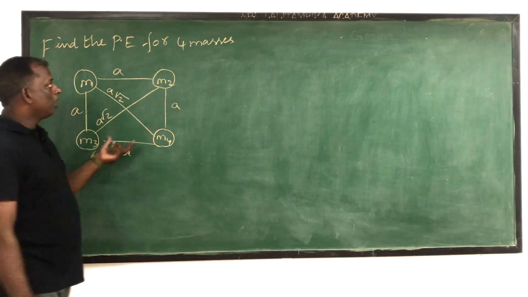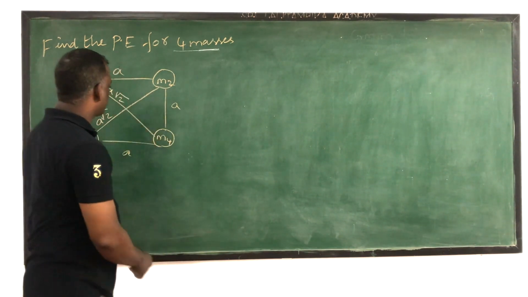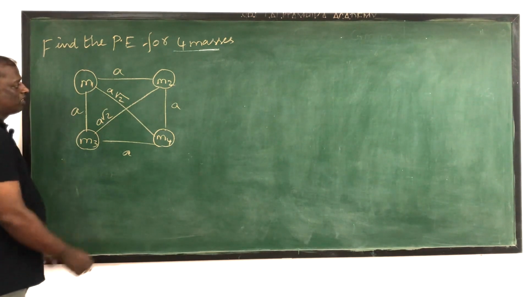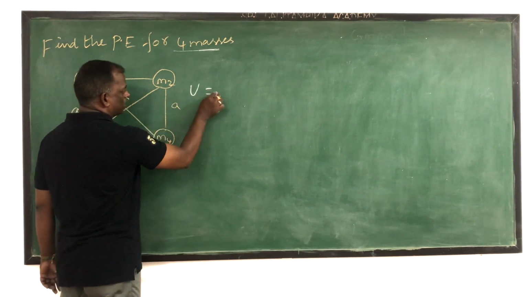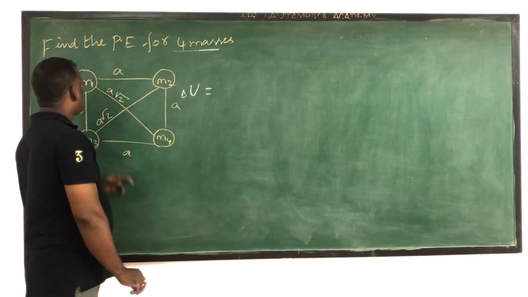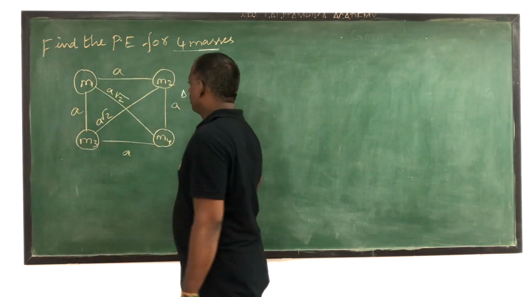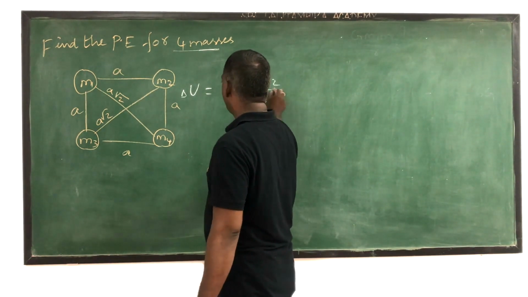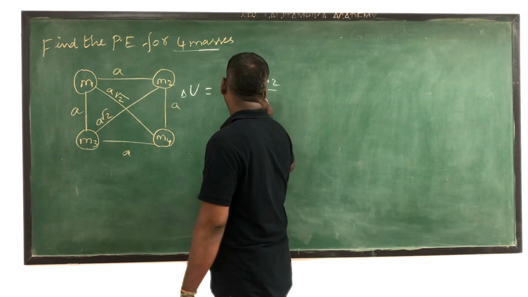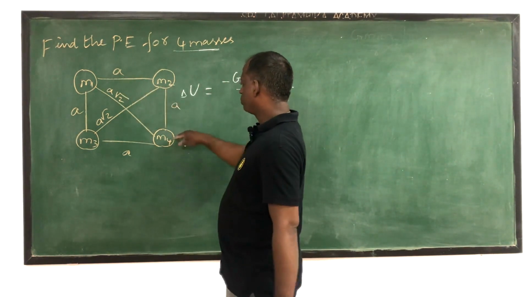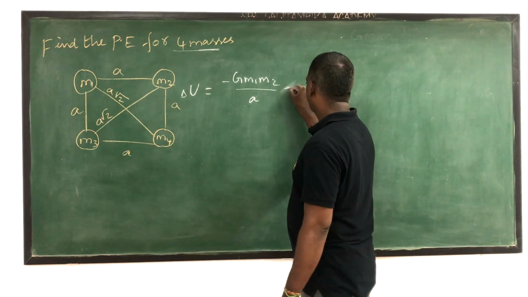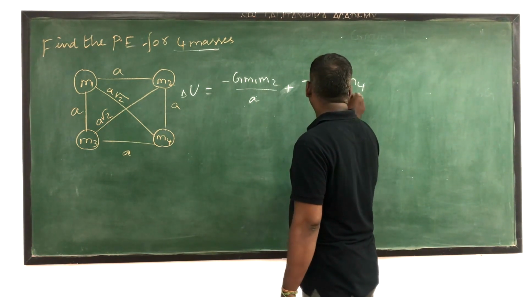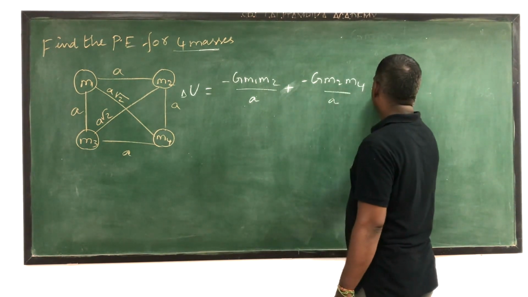Now let us take 4 masses. They ask us to find the potential energy for 4 masses. So what is the formula for this? Potential energy, delta U, is minus G m1 m2 by A, plus, or rather the usual form is minus, m2 m4 by A. So it is the plus and minus.